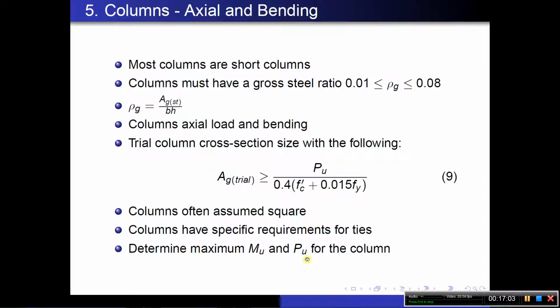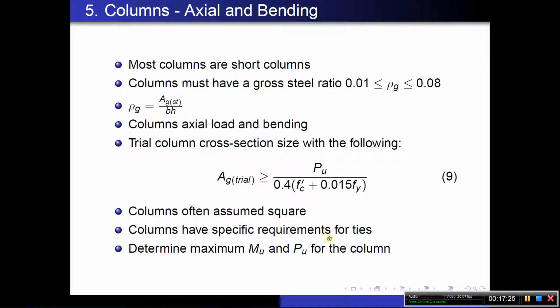Don't try to mix these between different load combinations. They should come from the same load combination. And it might be that you have to try several different load combinations to figure out which one provides the worst pair. In any case, we're going to learn more about this as we go in our slides.